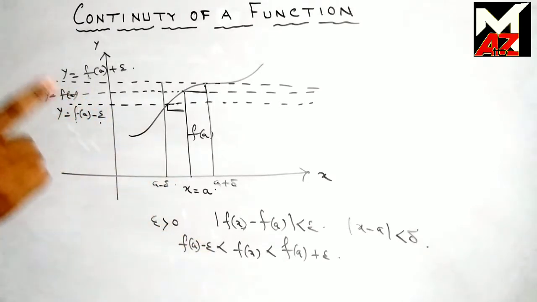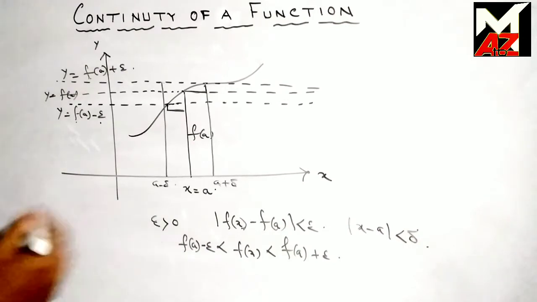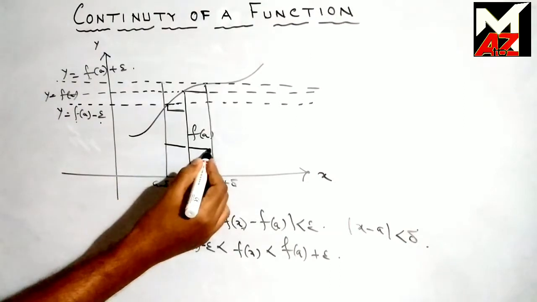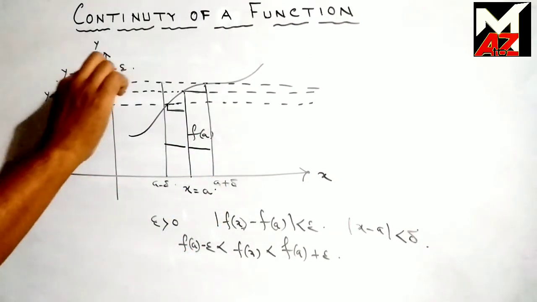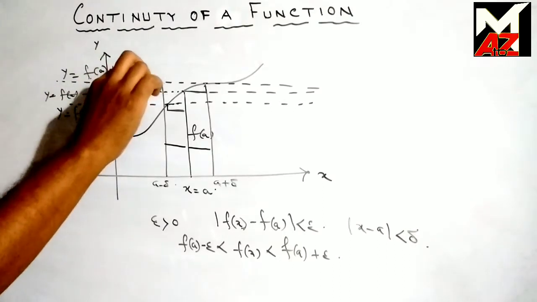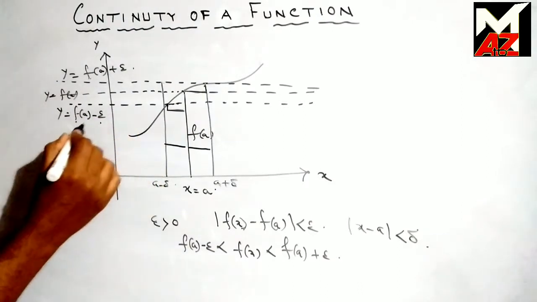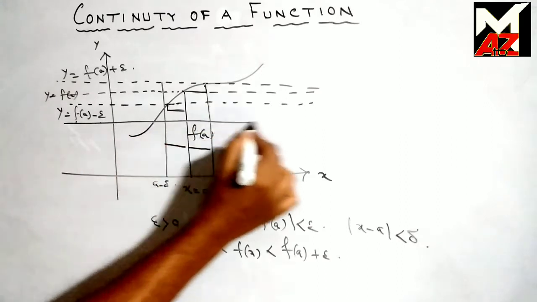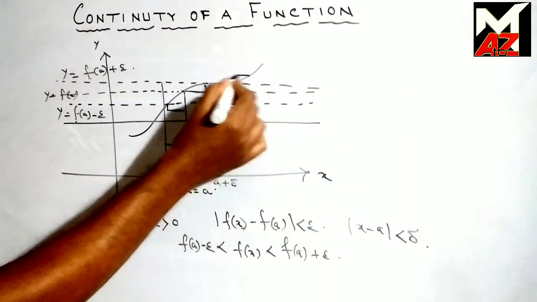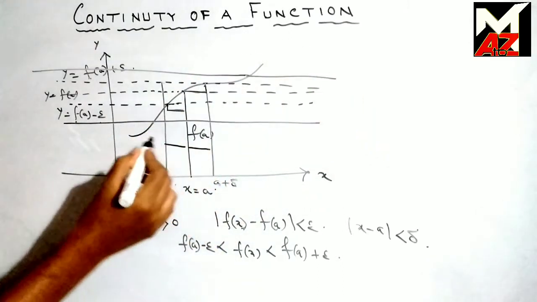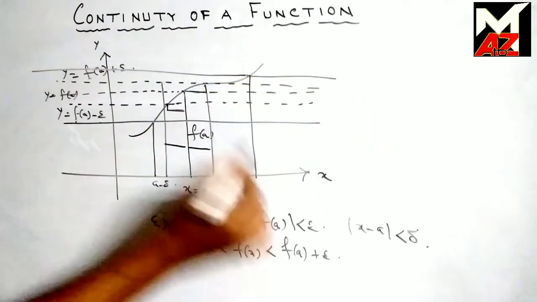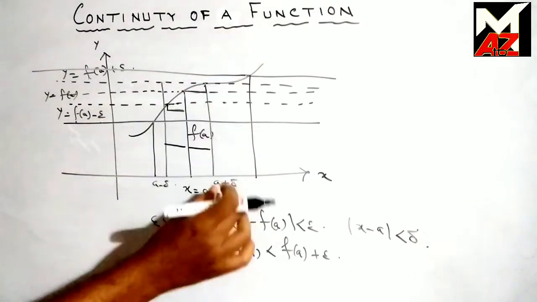It must be noticed, this is a very important point of continuity: this value of delta depends on epsilon. Because if we take epsilon large, then f a minus epsilon is here and f a plus epsilon is also here, so it is clear that this and this, the lines of a plus delta and a minus delta, are of the same length.